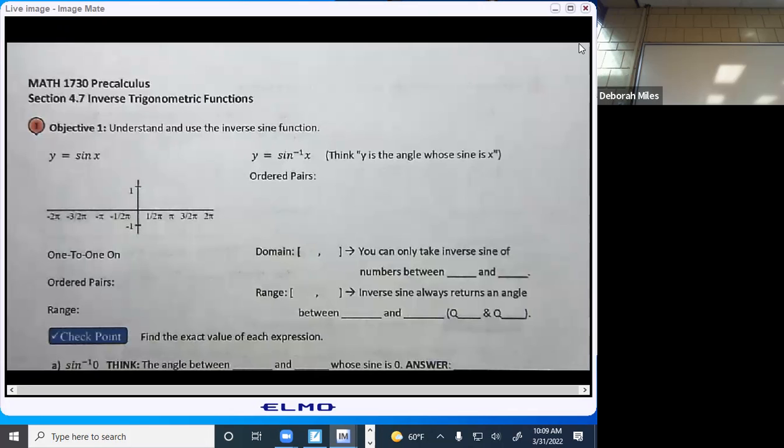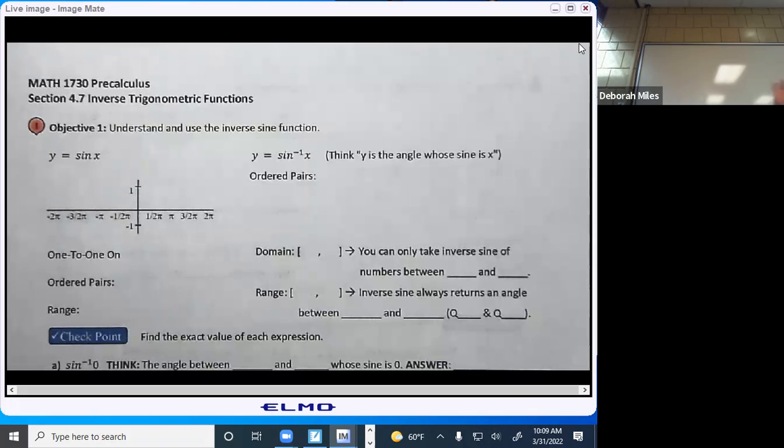Where else would you have an angle whose sine was positive square root of 2 over 2? Second quadrant. First quadrant and second quadrant, your y's are positive. So you'd end up with a first quadrant angle and a second quadrant angle if I ask you for inverse sine of square root of 2 over 2.